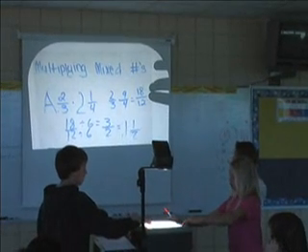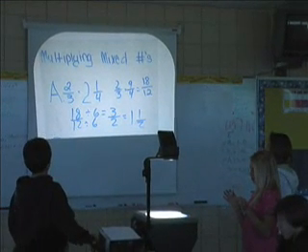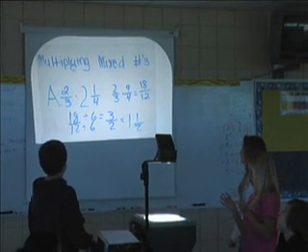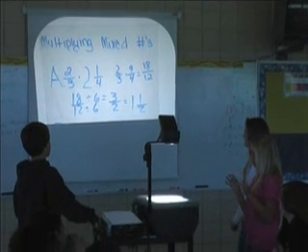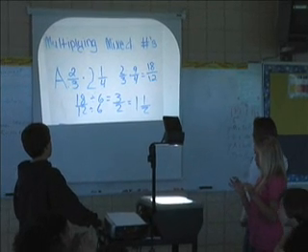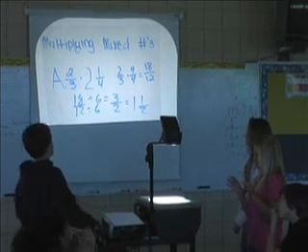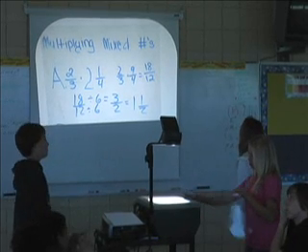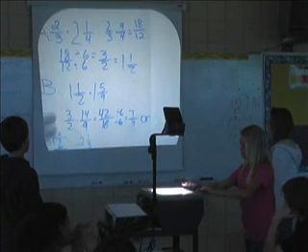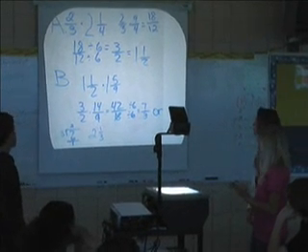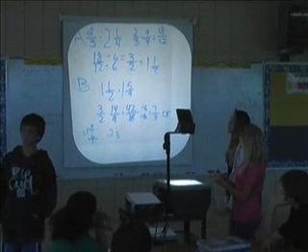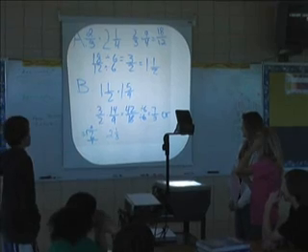And then do 18/12 divided by the greatest common factor, which is 6, and it equals 3/2, and you multiply or divide them, and it equals 1 1/2.